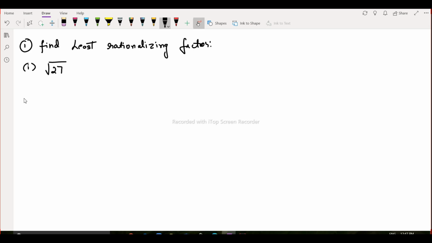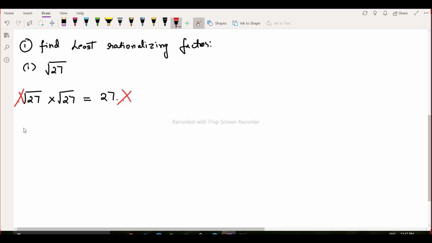Now, obviously, for root 27, someone can say I can just find root 27 into root 27 and get the answer as 27. So root 27 is a rationalizing factor, but that is not the least rationalizing factor. So that's not what they've asked. So this will be an incorrect answer.